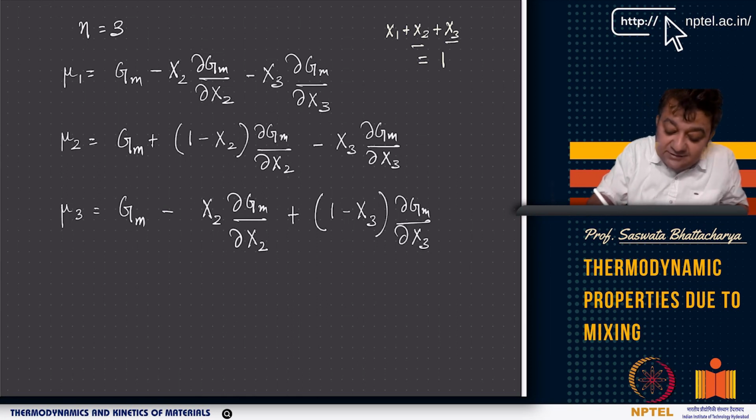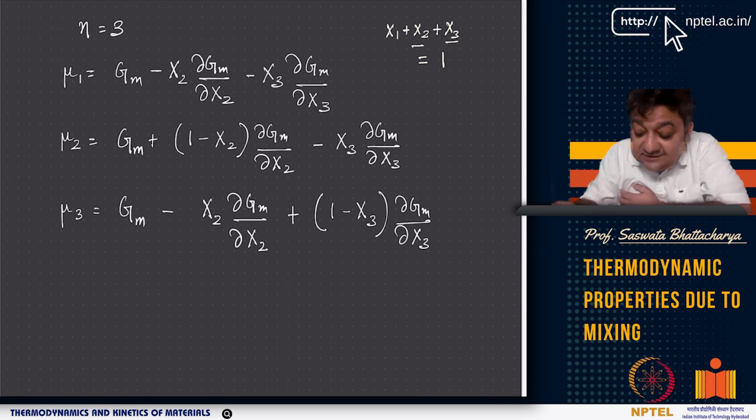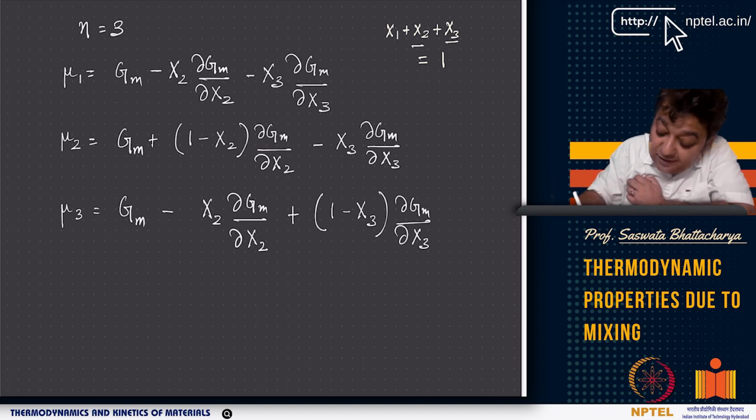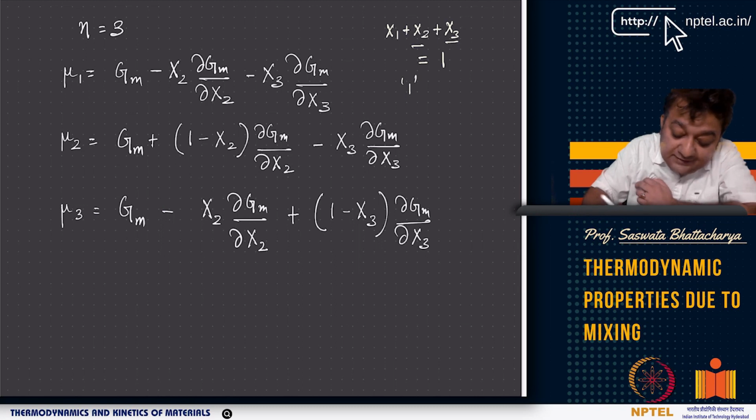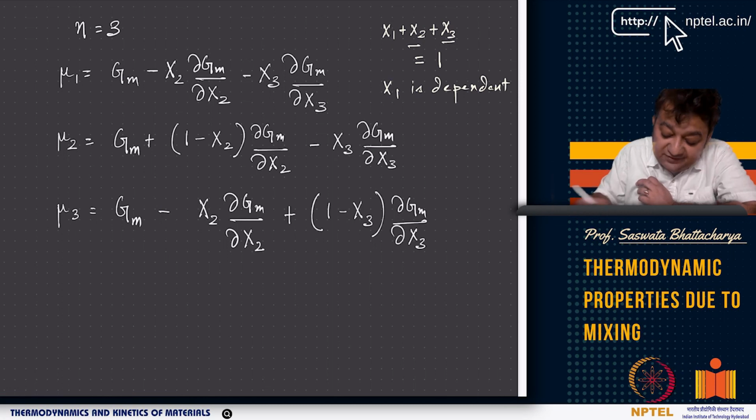When I write del gm del x2, x3 is fixed, and when I write del gm del x3, x2 is fixed. x1 is the dependent variable, so again you have gm minus x2 del gm del x2 minus x3 del gm del x3.